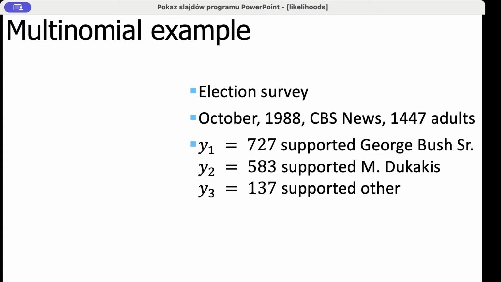In the case we are discussing, it is the American election from 1988, where George Bush Sr. was running against Michael Dukakis, the Democratic candidate, and CBS News created a survey of 1,447 adults, out of which 727 supported George Bush Sr., 583 supported Michael Dukakis, and 137 said that they will vote for an independent candidate.